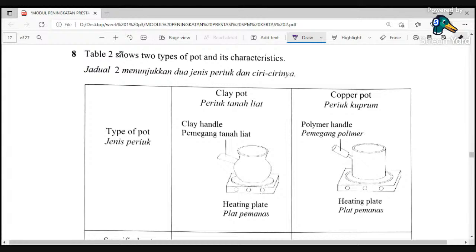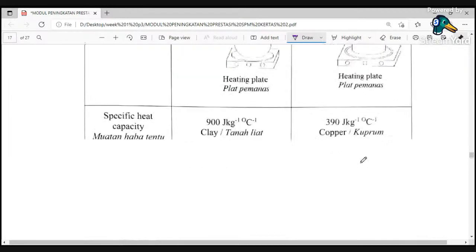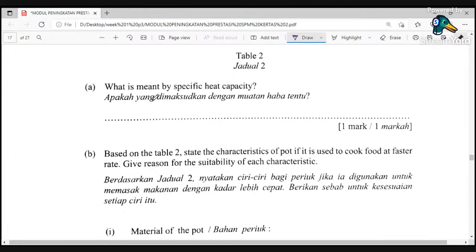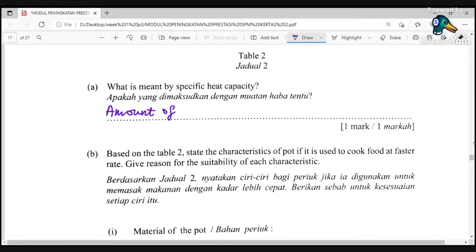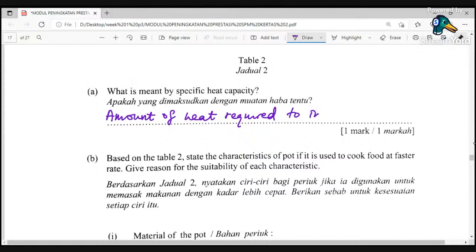Okay, number 8. Table 2 shows two type of pot and its characteristics. So kita ada clay pot and also copper pot. Soalan, what is meant by specific heat capacity? Okay, amount of heat, ini kena memorize lah. Amount of heat required or needed to increase what?